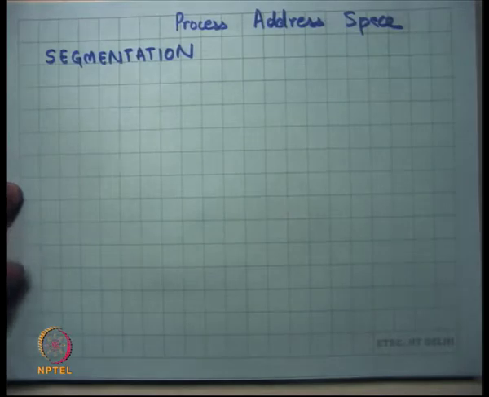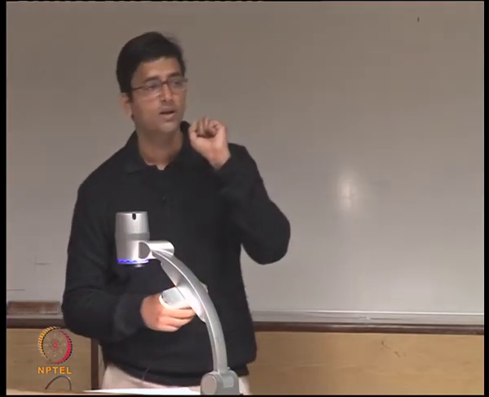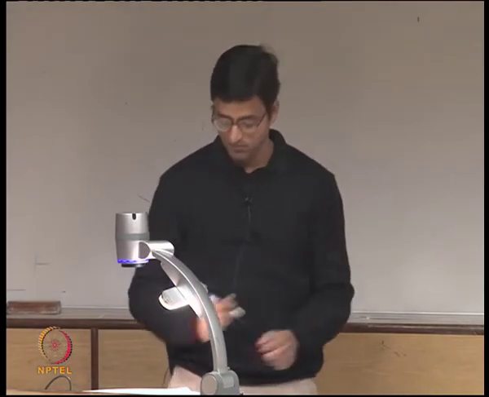All right. So what is segmentation? We saw when we were discussing the 16-bit x86 architecture that there are these special registers called segment registers, CS, DS, SS, ES, right? So they were basically being used, so there is an MMU.